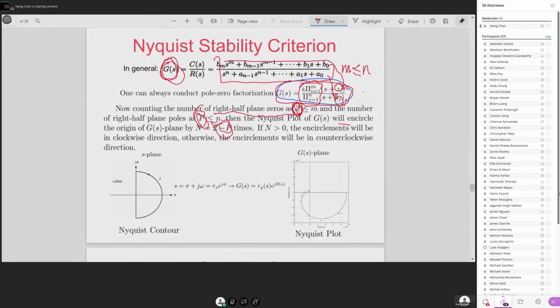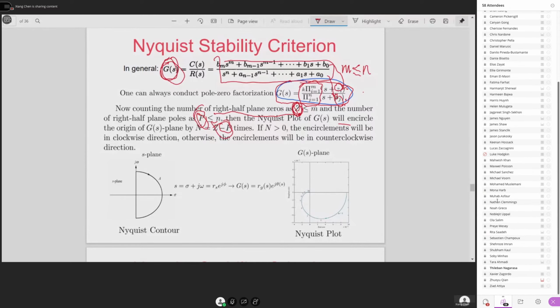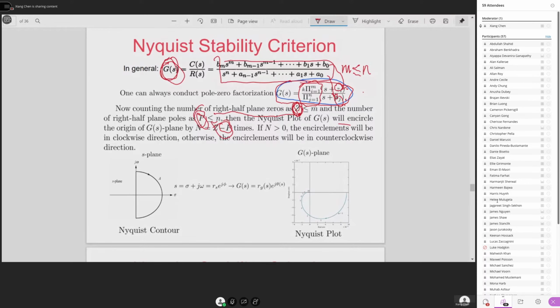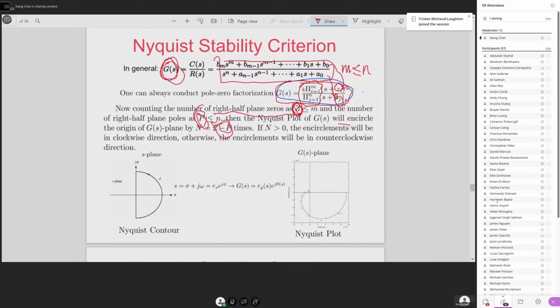That's a very obvious factor. You have Z zeros contributing Z encirclements clockwise, and you have P poles contributing P encirclements around the origin counterclockwise.